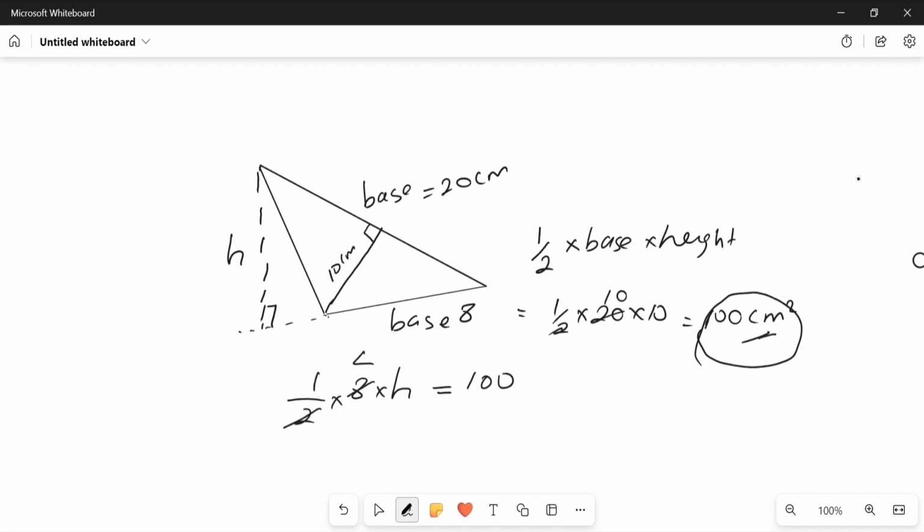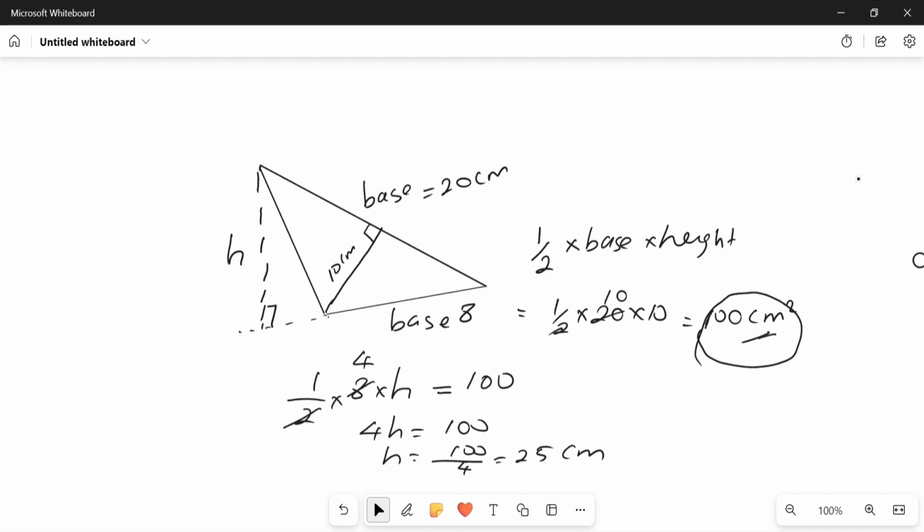So you can cancel, 4 times h is 100. H equal 100 divided by 4, 25 centimeter. So if the area is given and if they ask for the height, this is the technique. You have to find the area with the base and unknown height in terms of h. Then equalize to the given area and you can find out height.